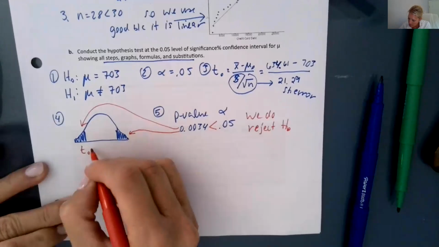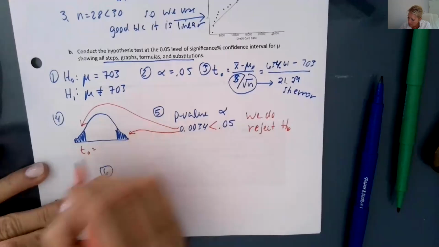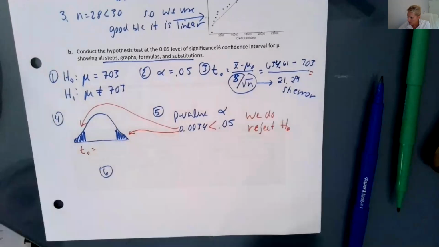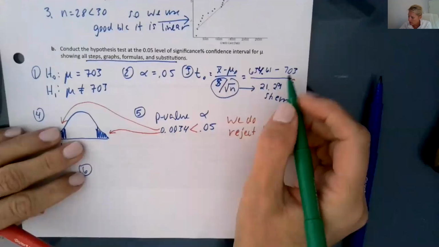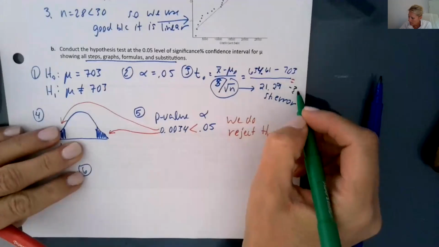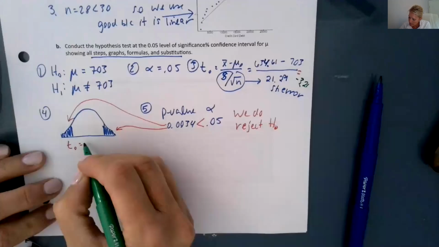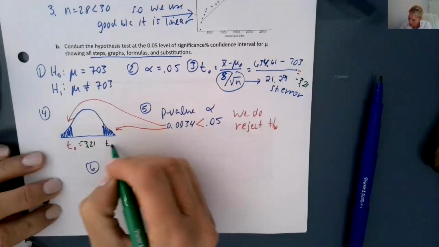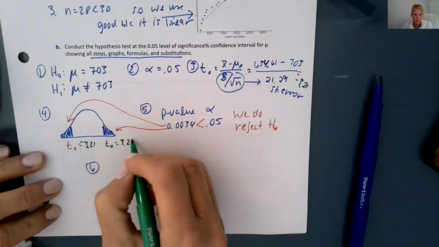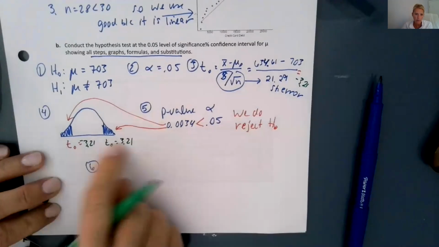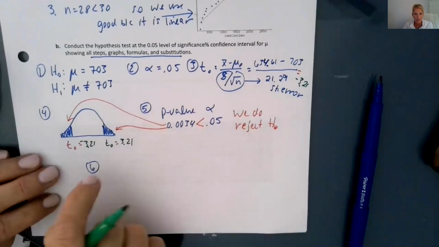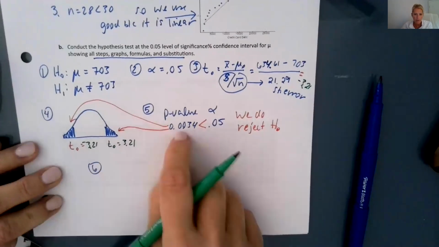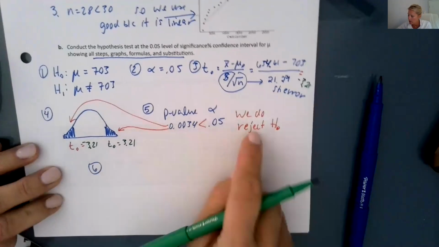Our T0 is negative 3.21, or T0 equal to 3.21. If we're this many z-scores either way, we're considered unusual, but we're using the p-value method because they're interchangeable, and we do reject H0.